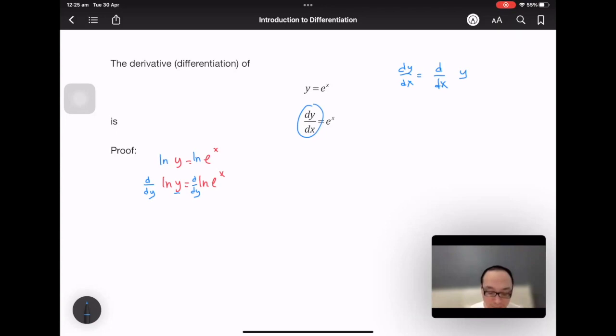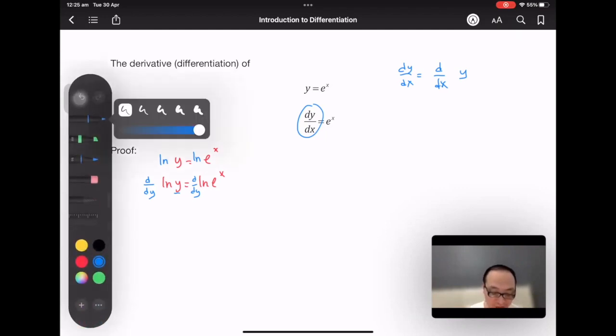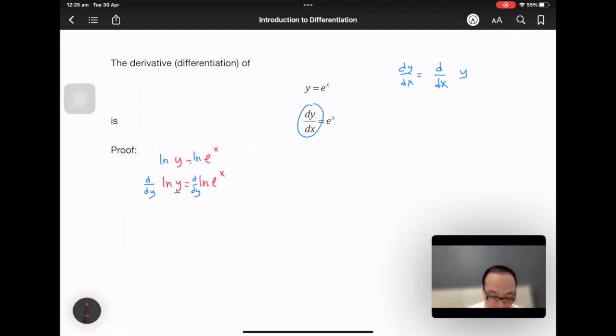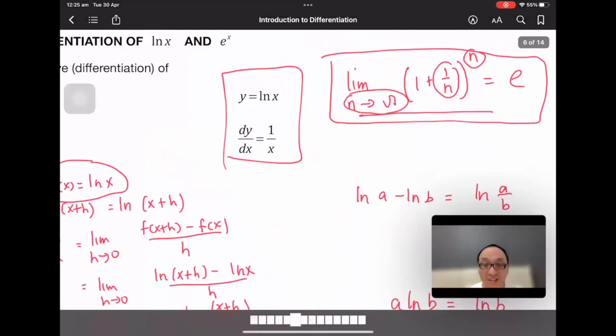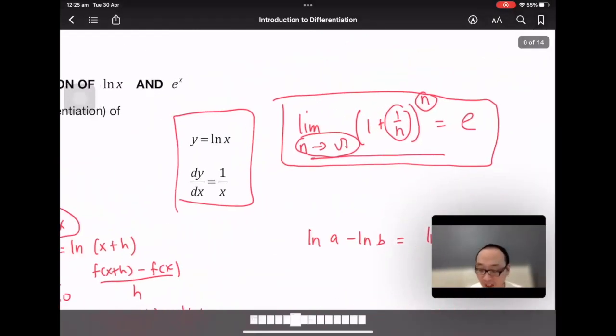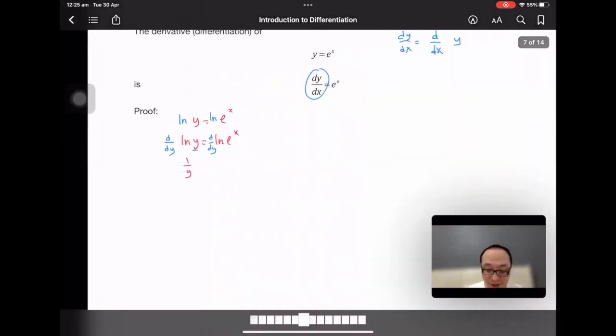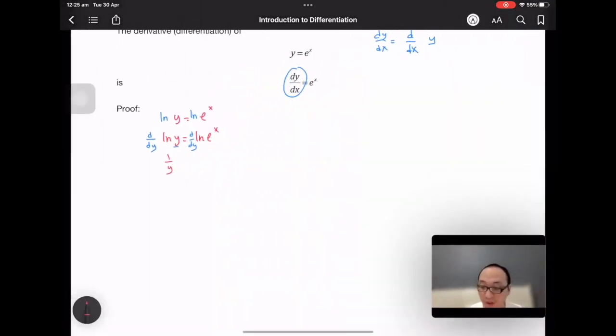ln y differentiated with respect to variable y is equal to 1 over y. If you remember, if ln x differentiated with respect to x equals 1 over x, then when we differentiate ln y with respect to y, it will be 1 over y.